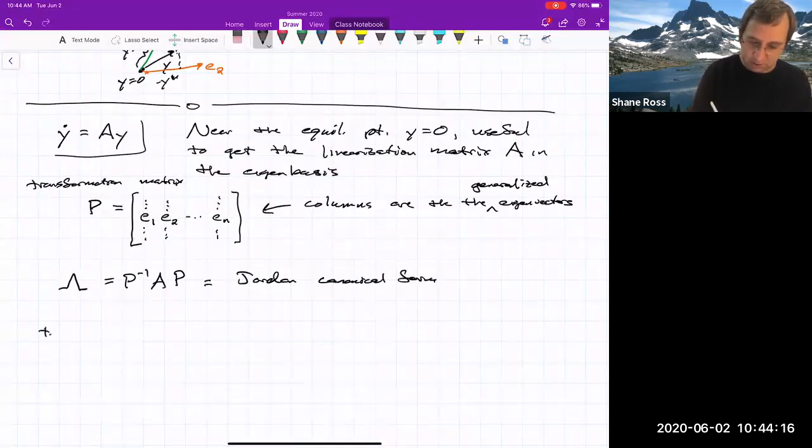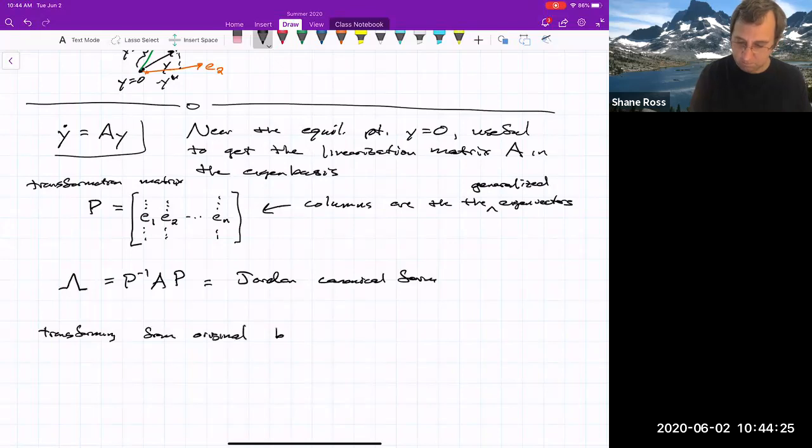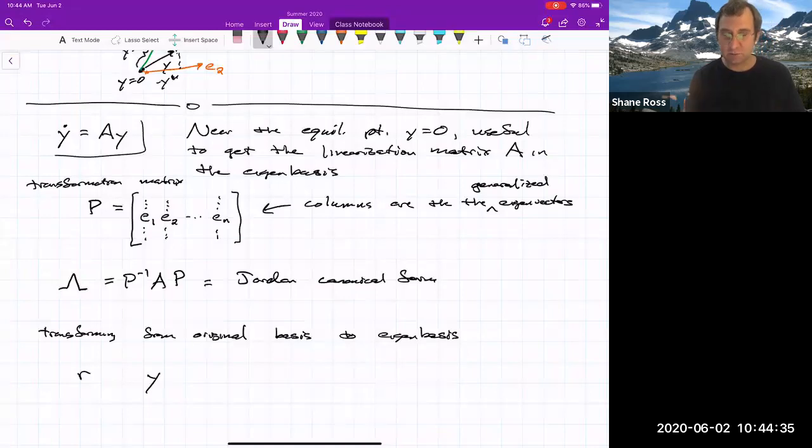So transforming from the original basis to the eigenbasis gives us, where y was our original set of coordinates, we now write P inverse y.